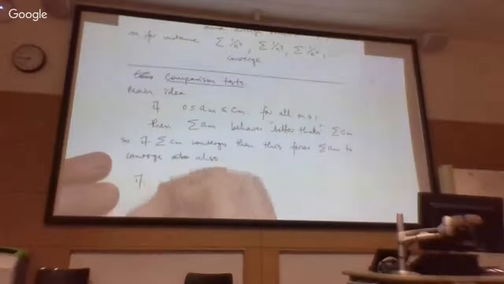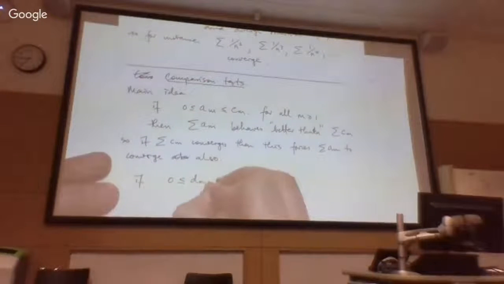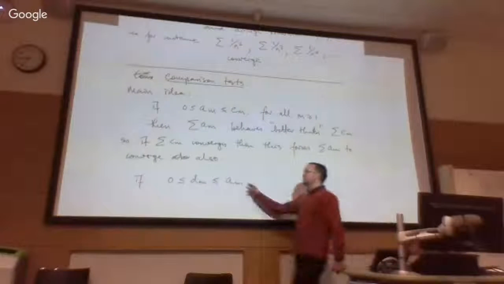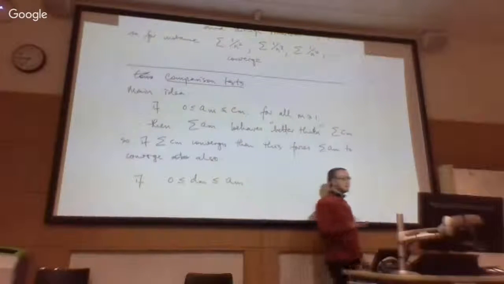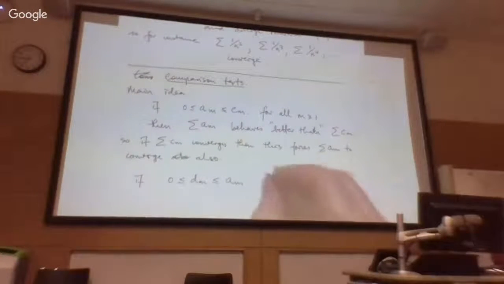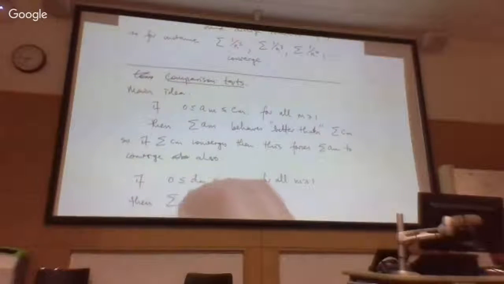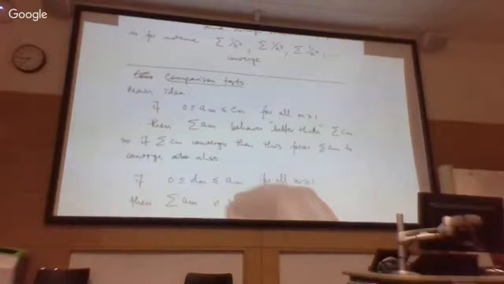Whereas if the comparison goes that we show a_m is bigger than another term d_m for all m, then the thinking is that the sum of a_m is behaving worse in terms of convergence.